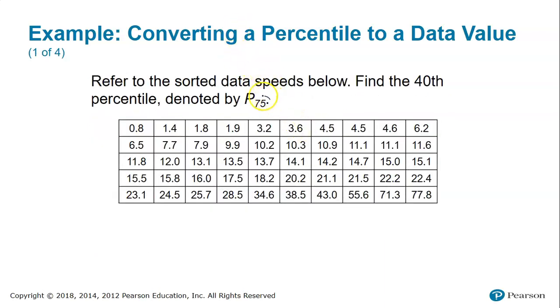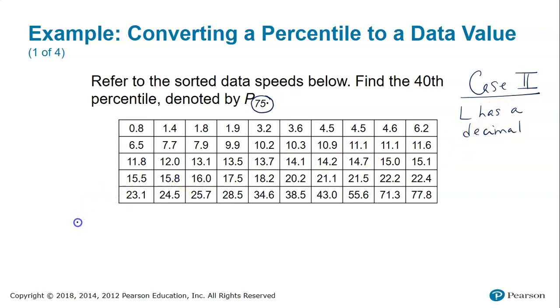Okay, this one we want to find the 75th percentile. The 75th is actually going to demonstrate case 2. With case 2, L has a decimal, or has a remainder.